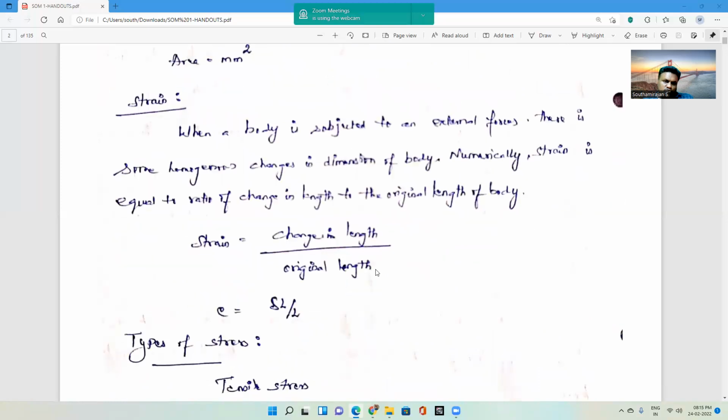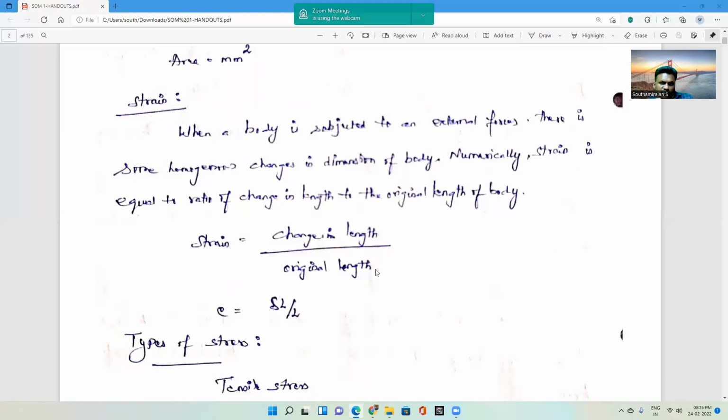Next we will move on to the strain category. Strain is nothing but the internal deformation that has occurred relative to the original nature of the member. The formula indicates that strain is nothing but change in dimension divided by original dimension.